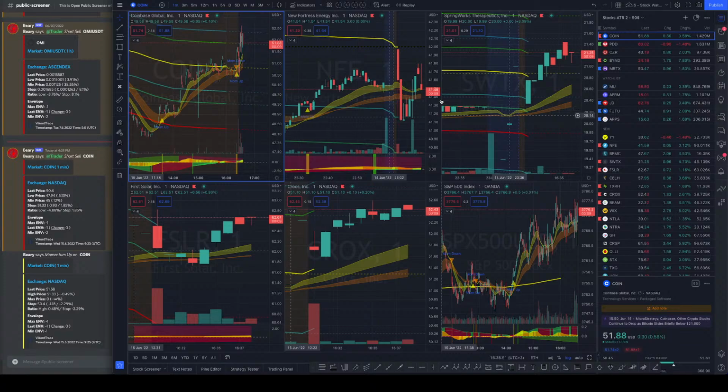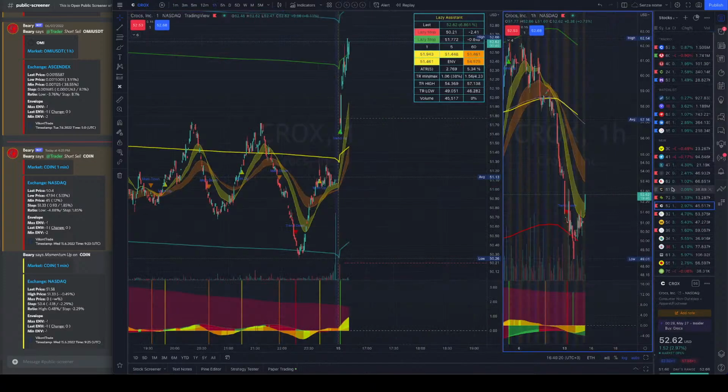20 minutes to 10 o'clock New York time. Monitor the market. From up, still no man's land. Now trend is down.